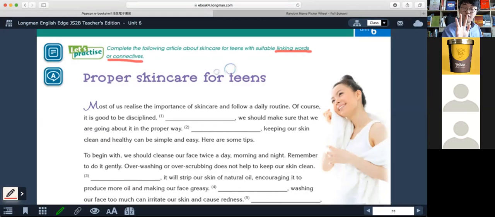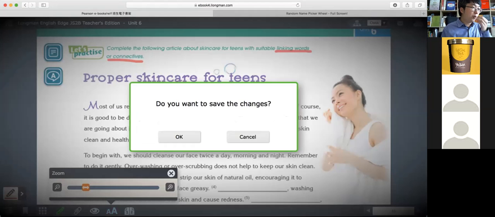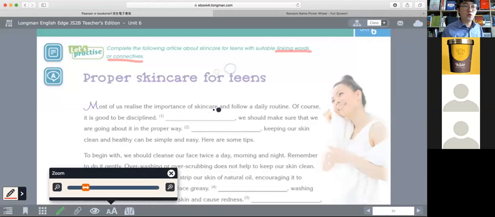So now let's see if you can put the connectives into this exercise. When I call your name, you have to read the first paragraph, including the two answers.